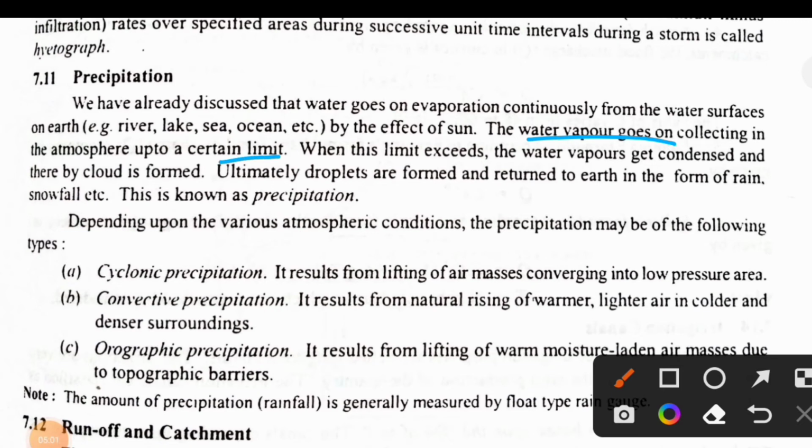When this limit exceeds, the water vapor gets condensed and thereby cloud is formed. Ultimately, droplets are formed and returned to earth in the form of rain, snowfall, etc. This is known as precipitation.